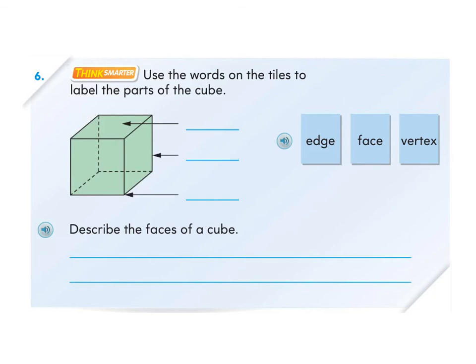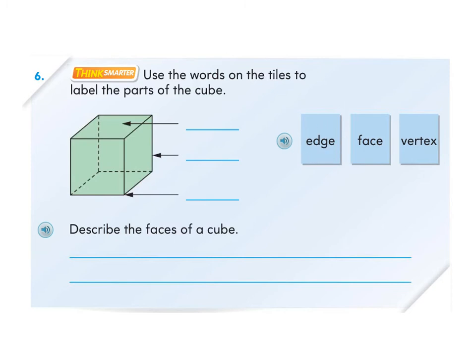All right, this is going to be the last one we do before I send you off to do your PMT. Use the words on the tiles to label the parts of the cube. Describe the faces of a cube. Okay, so first I'm going to label this cube. So this first word says an edge.